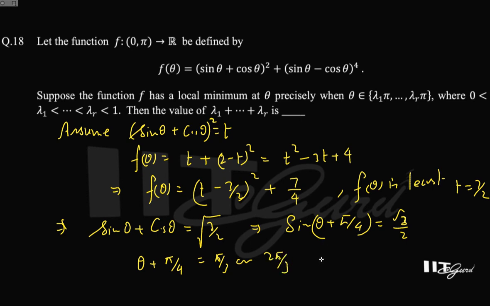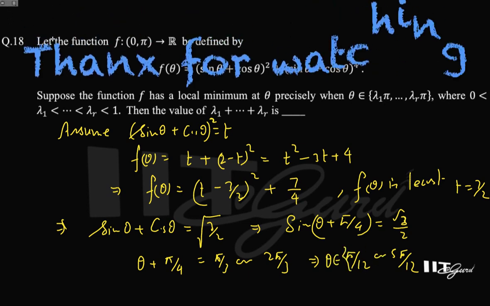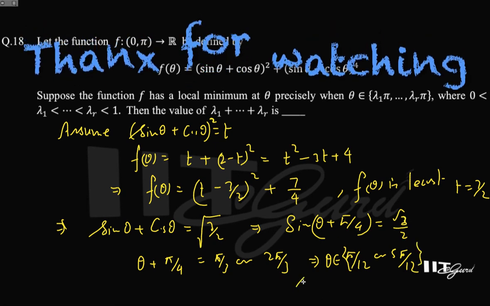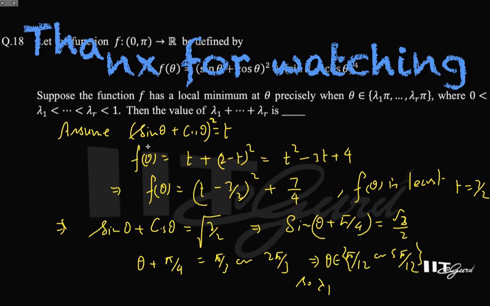So this implies that theta is pi by 12 or 5 pi by 12. If you compare, theta belongs to this one, lambda 1 pi, lambda 2 pi, like this.